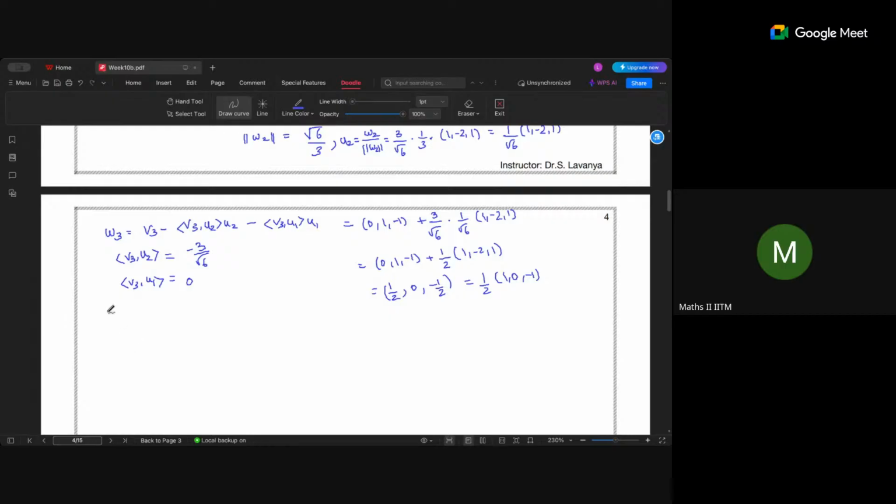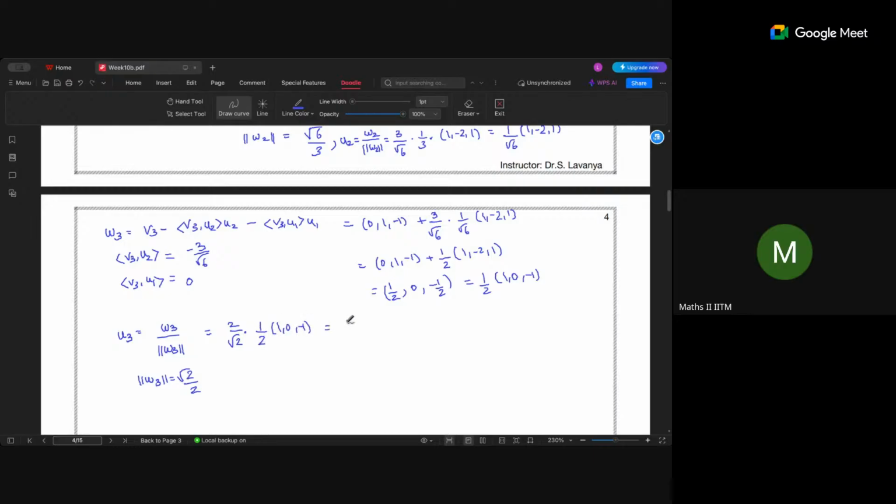So now what is U3? W3 by norm W3. Compute norm W3. Tell me the answer of norm W3. Root 2 by 2. Yes. So here you have 2 by root 2 into again W3. So 1 by 2, 1 0 minus 1.